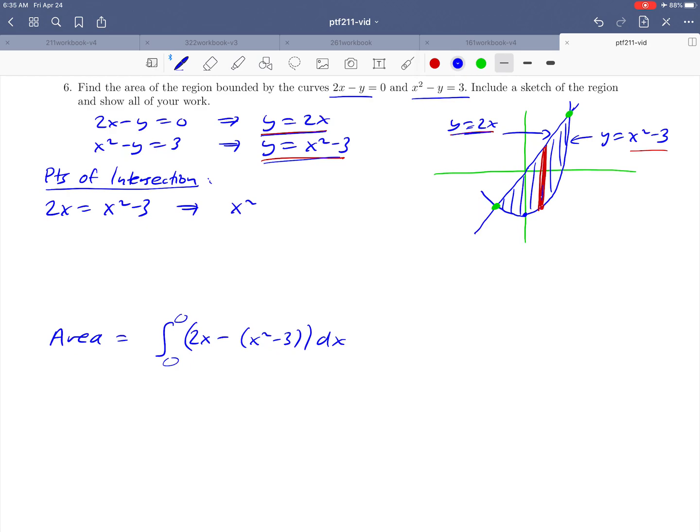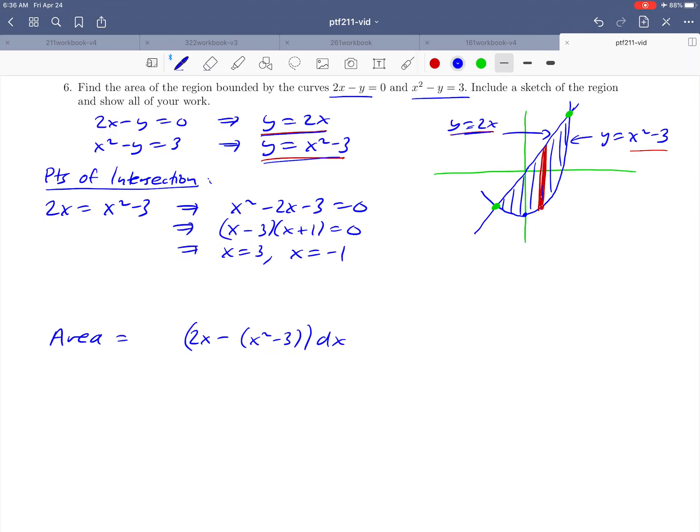If we subtract the 2x from both sides, x squared minus 2x minus 3 is equal to 0, and that looks like it factors. You can see then that our points of intersection appear to be -1 and 3. Those should be the limits of integration for us.